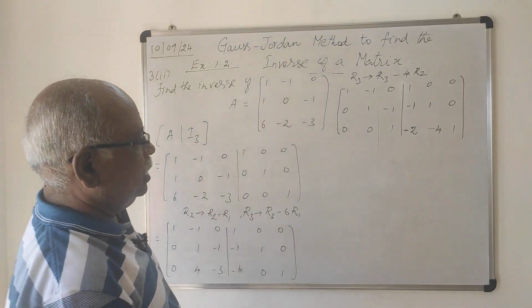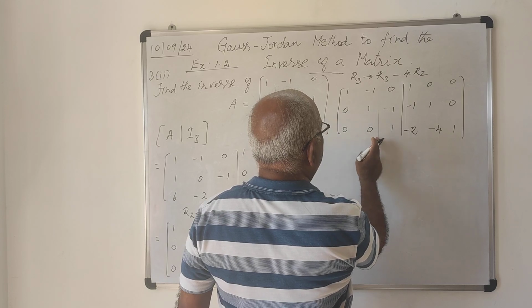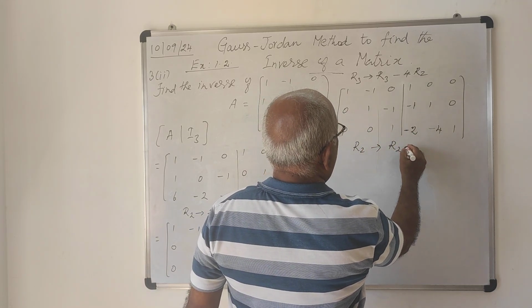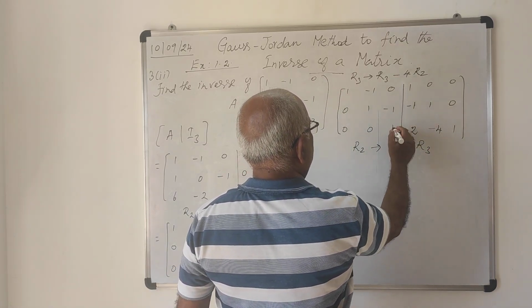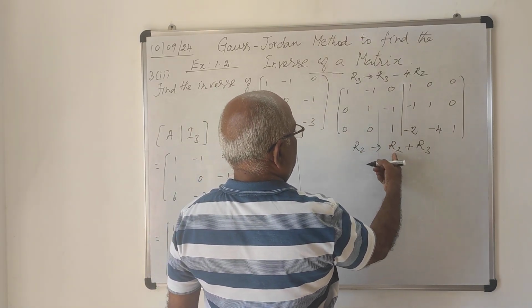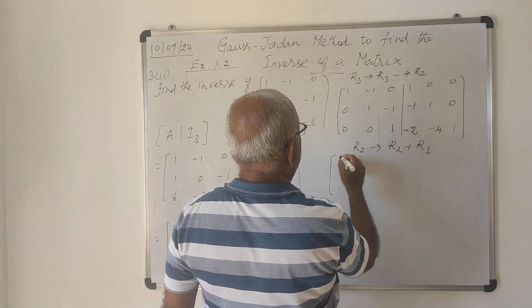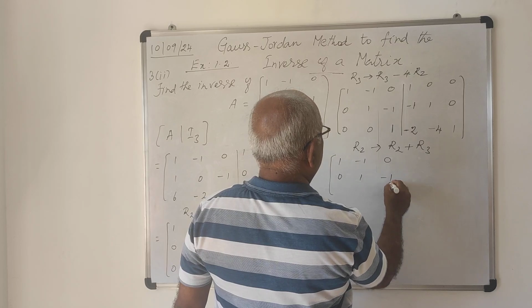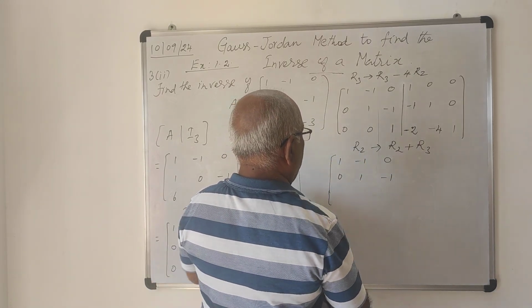The next, you add R3 and R2. R2 becomes R2 plus R3. If you add R2 plus R3, this term becomes 0, 1 minus 1, 0. So I am giving this operation: row 2 is row 2 plus row 3. For that, just 1 minus 1, 0. 0, 1 minus 1, and R2, you have to change.